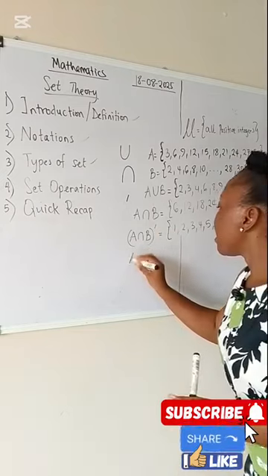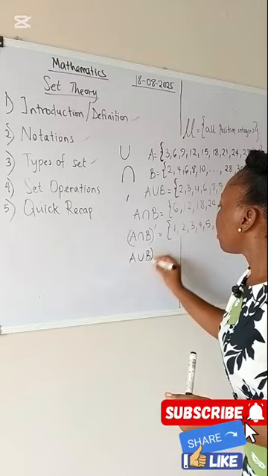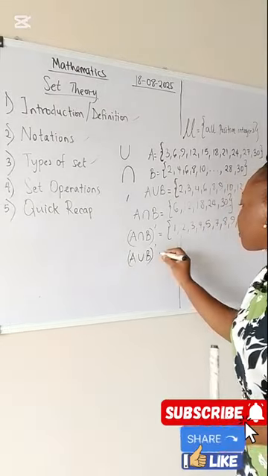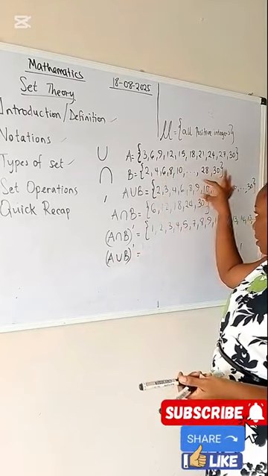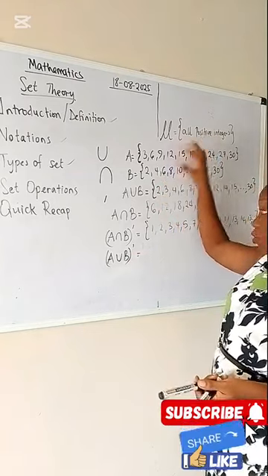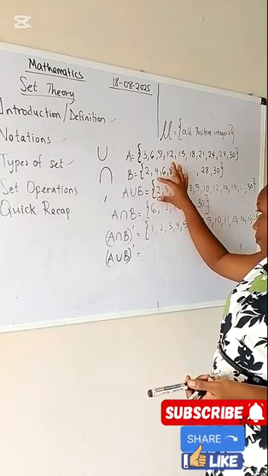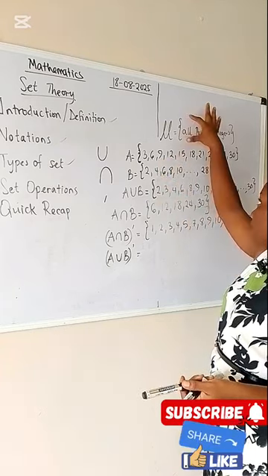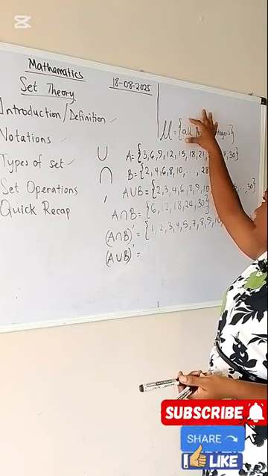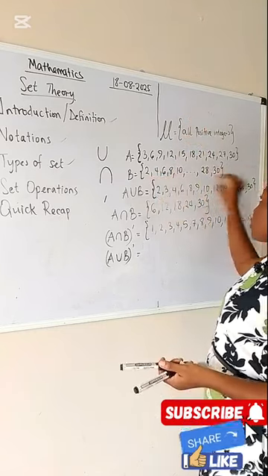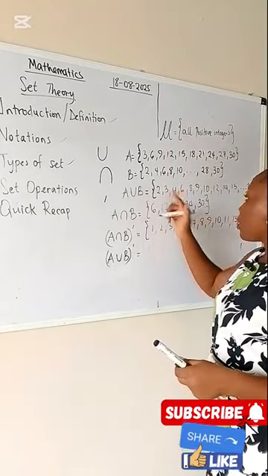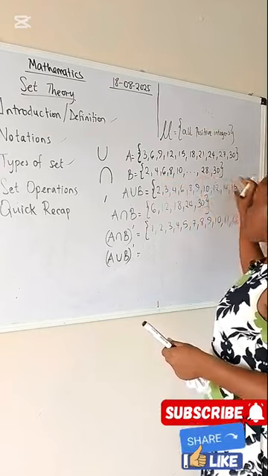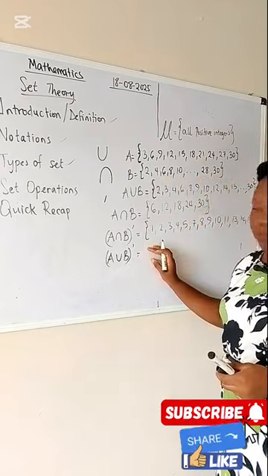What about A union B complement or prime? A union B prime are all the elements that are in this set taken away from this set. So what are the elements? Remove all these elements from the universal set. That will be your A union B prime. So we're not going to have these elements in our operation.